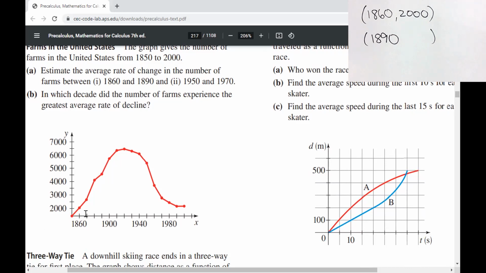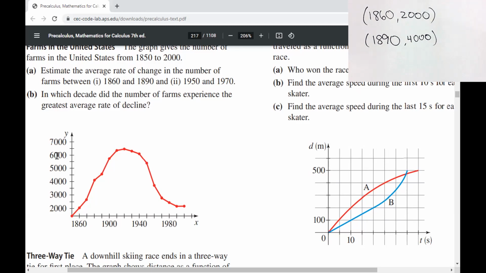So this is 1860, 1870, if you guys follow my mouse, 1880, 1890. So this is 1890. You go up to that point, you go across, that's about 4,000. And then you guys can get the average rate of change, right? So 2 is the same thing.